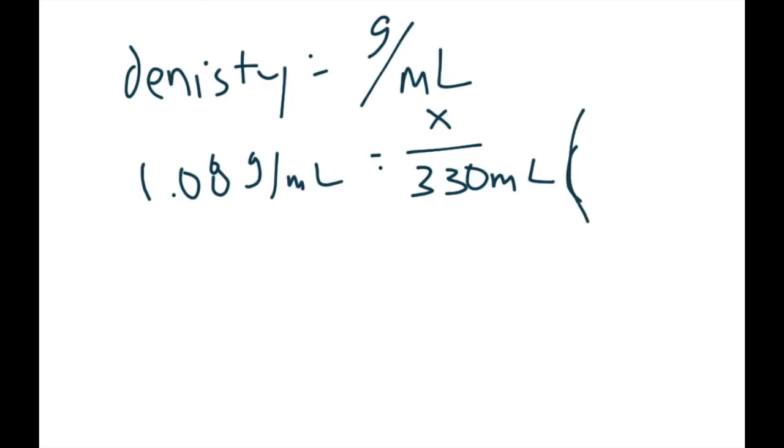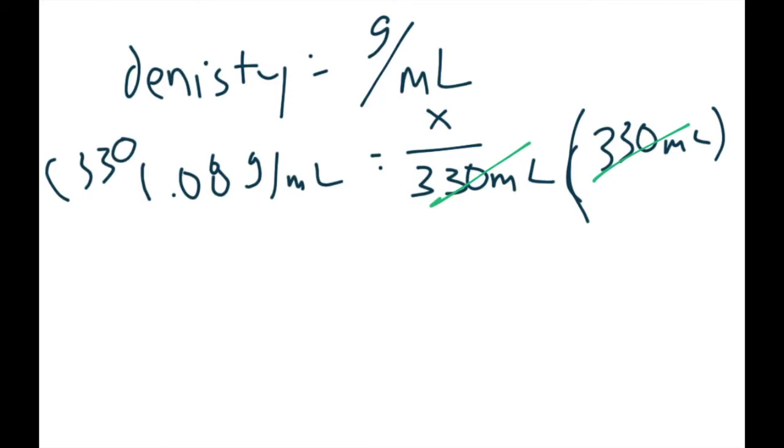So you're going to multiply both sides by 330 mLs. Bam, cancel that out. Then that's going to be, numbers are hard, 356.4 grams is going to equal X.